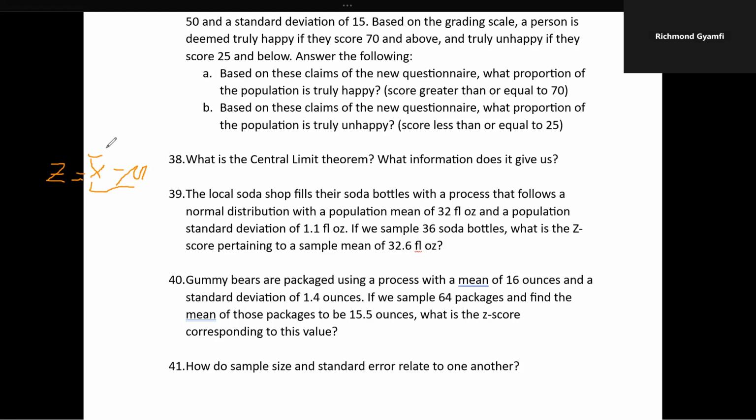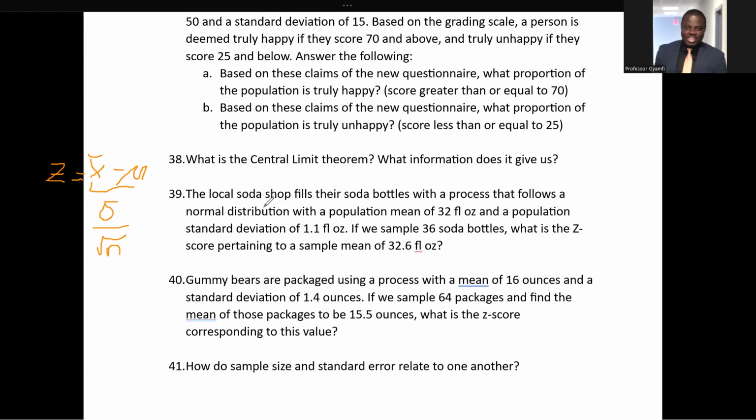Let me change to, trying to use my phone to get this all situated properly. But you know what I'm doing. X bar minus the population mean divided by the standard deviation over the square root of n.